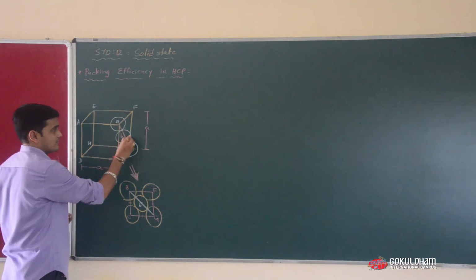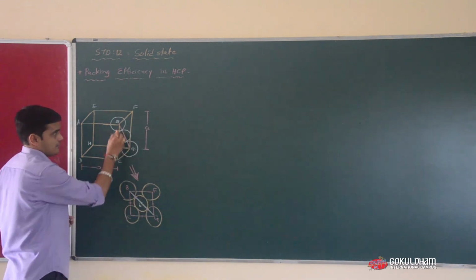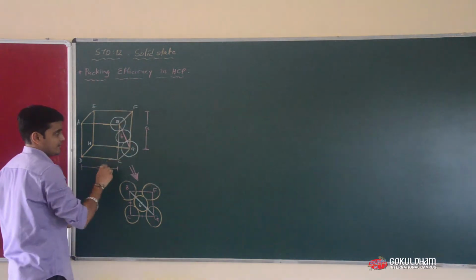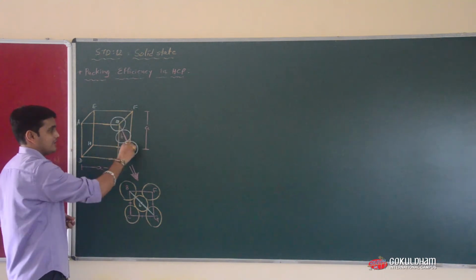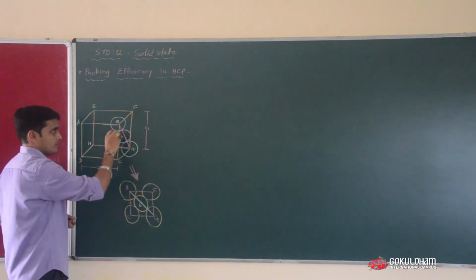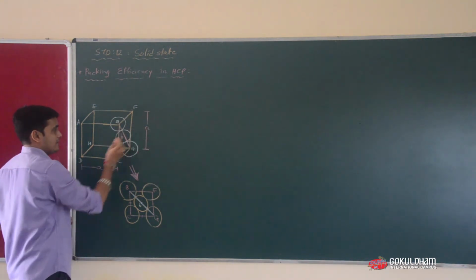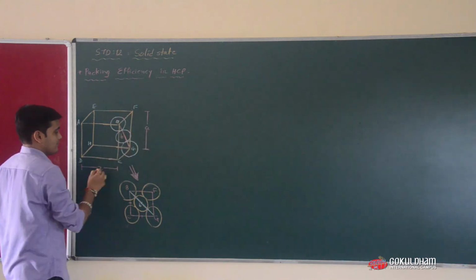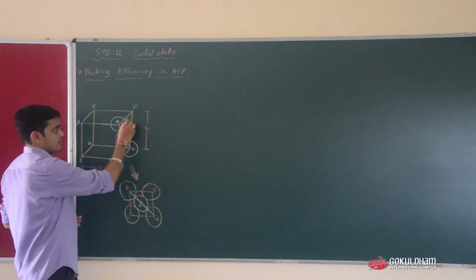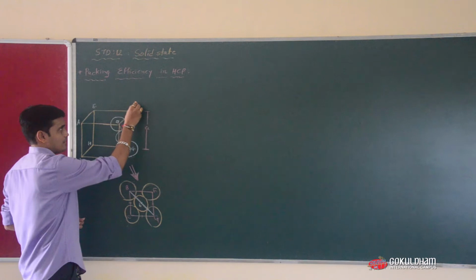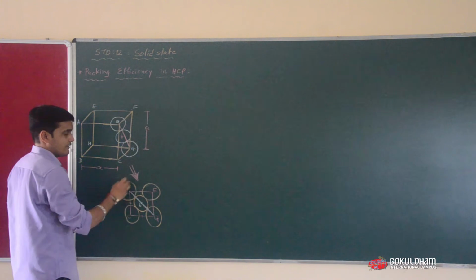This center atom is in the middle of this plane, and the plane BFGC is shown over here. One diagonal line is there, B to G. This B to G is known as the body diagonal, and both lines have edge A. Over here I am not showing the atoms, but there is the presence of an atom on every corner.